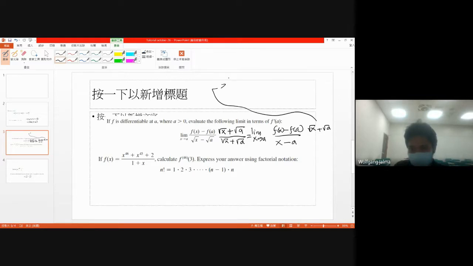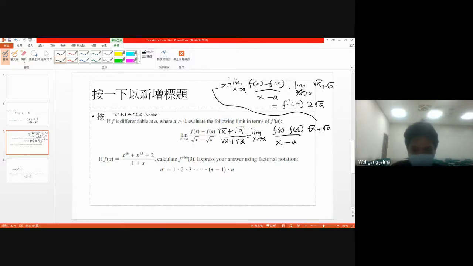It is equal to the limit as x approaches a of [f(x) minus f(a)] over x minus a, times the limit as x approaches a of the square root of x plus the square root of a. So it is equal to f'(a), the derivative of f at a, times 2 square root of a, right?